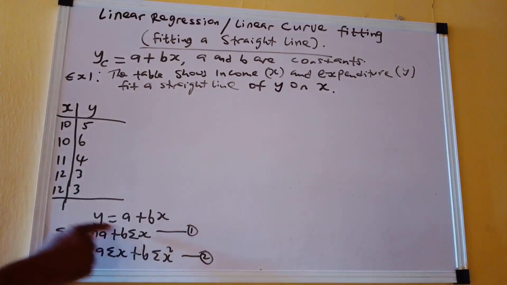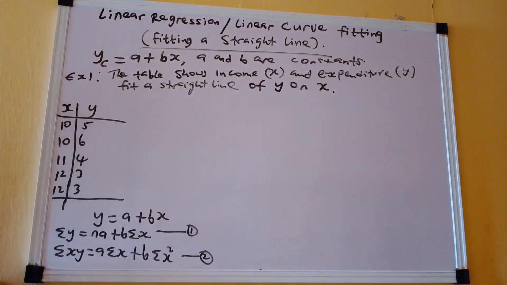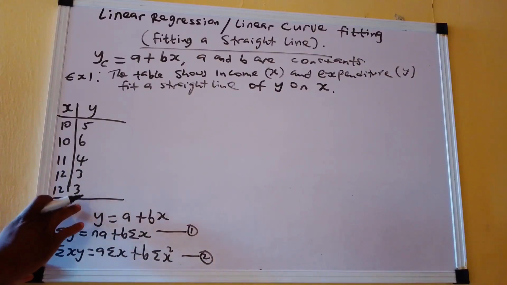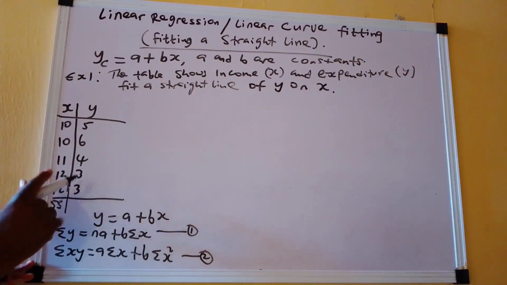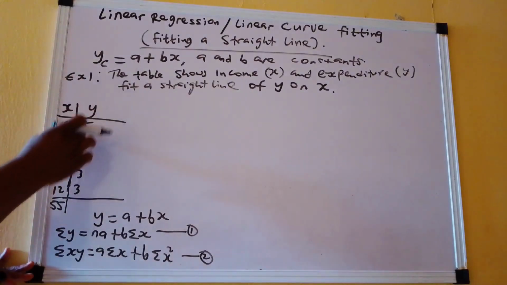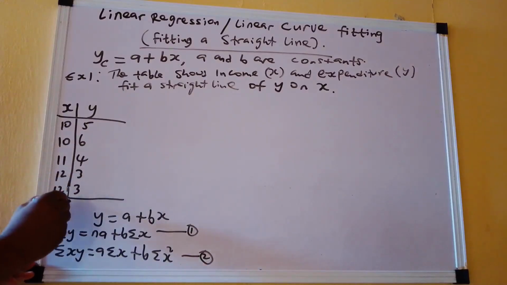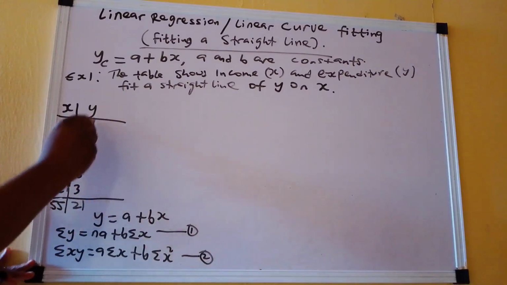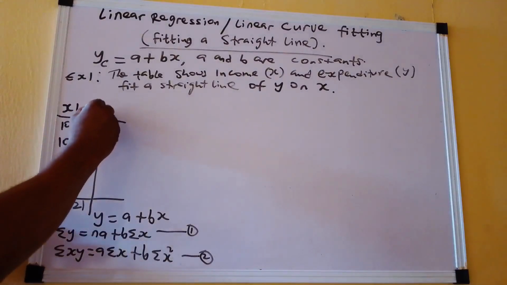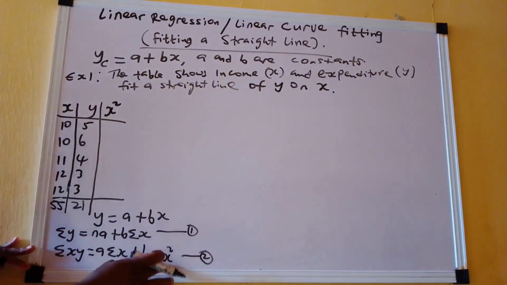So we need our summation x. If you sum this, 10 plus 10 plus 11 plus 12 plus 12, this will be 55. Then if you sum your y, 6 plus 5 plus 4 plus 3 plus 3 will be 21. Then definitely we need another column. We need our x square, because we'll be needing summation x square.